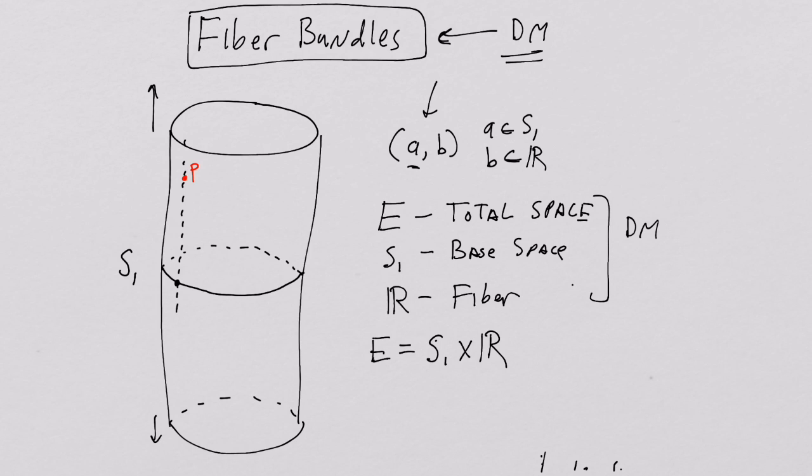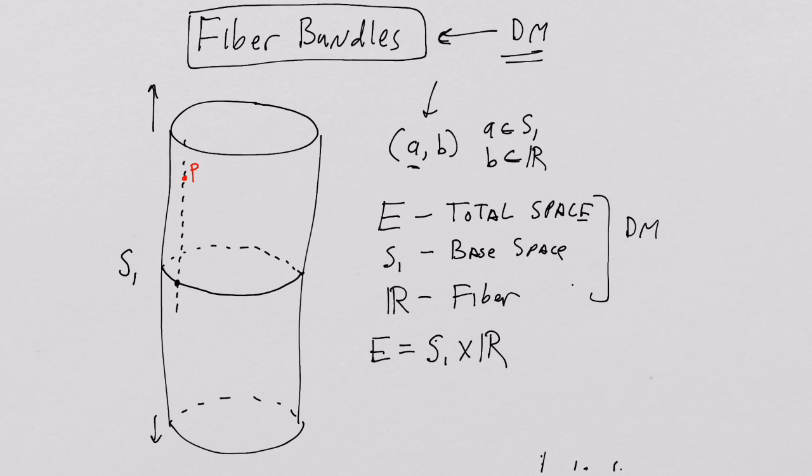And by definition, you can see I took the base space that the point was lying over, and that became the first part of the ordered pair, and the second part of the ordered pair became the real number on this line. So that's the definition of what this is.